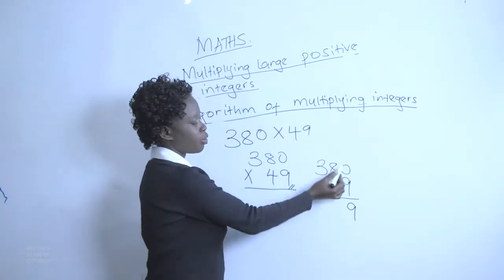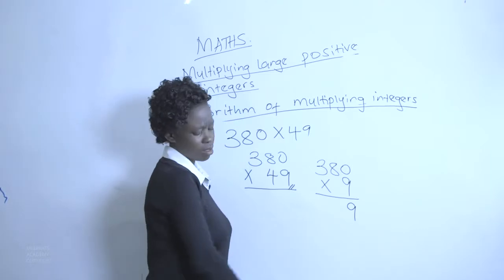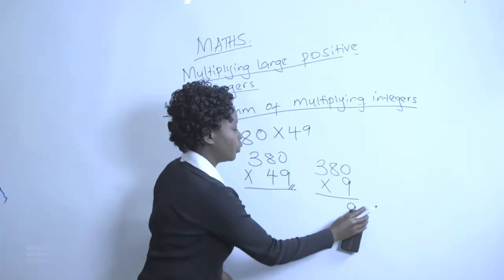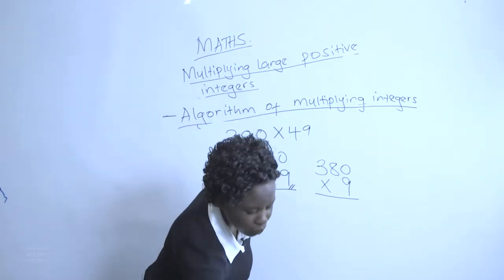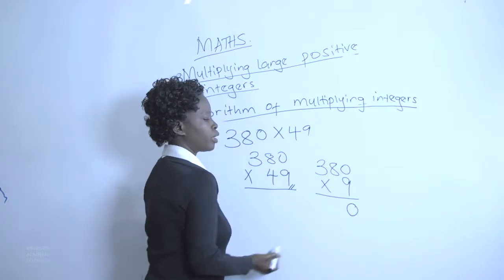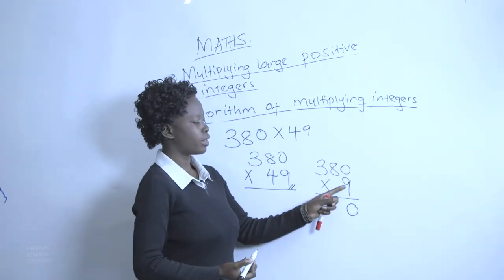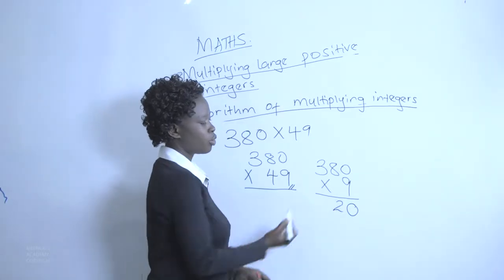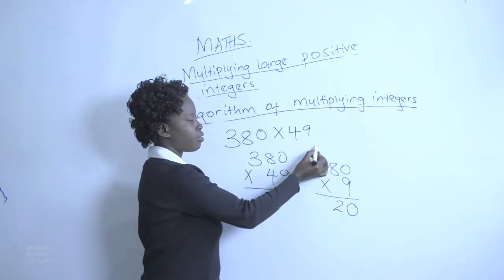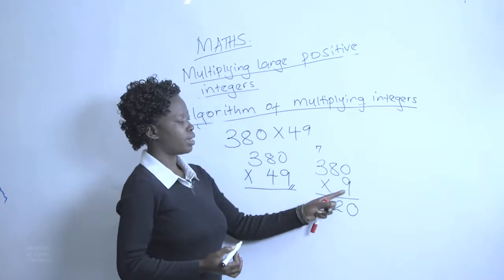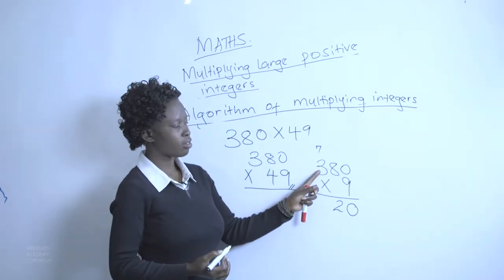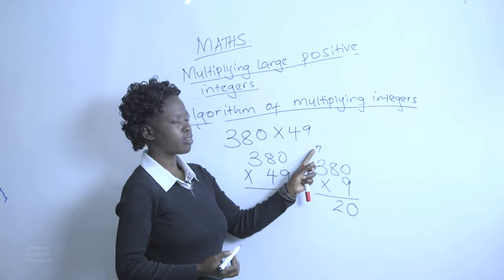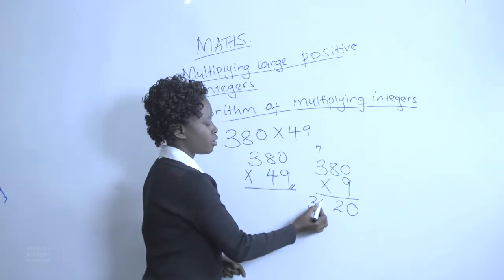9 times 0, we get 0. We have 9 times 8, that is 72. We write 2, carry 7. 9 times 3 is 27. 27 plus 7, we get 34.